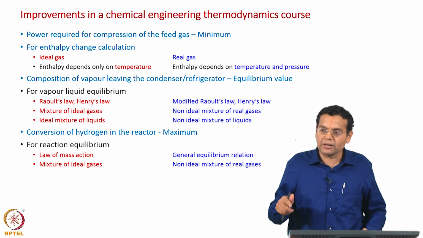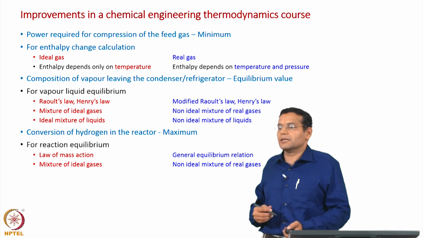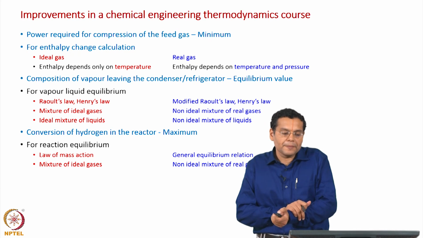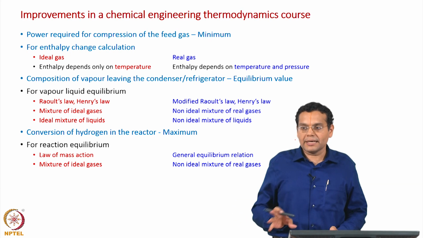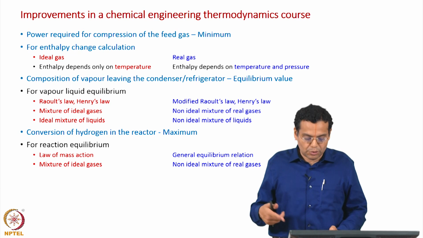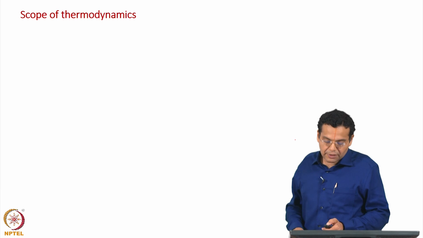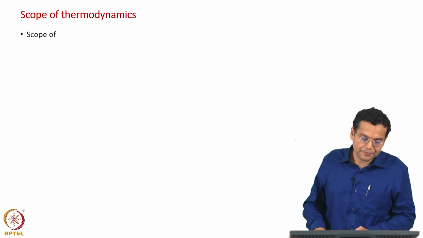So, here again we take into account the non-ideal behavior of the gases. So, the improvement in the chemical engineering thermodynamics course is that we take into account the non-ideality and the predicted values are going to be closer to experimental values. So, that gives us the scope of a thermodynamics course.